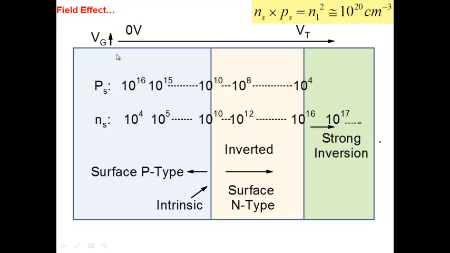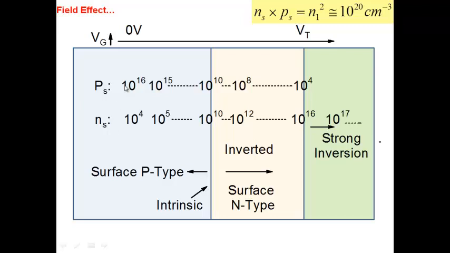You keep on applying higher and higher gate voltage. What is happening? The surface is getting more and more depleted of holes. Eventually, you come to a stage where number of holes at the surface is 10 to the power 10, and number of electrons is also 10 to the power 10. What has the surface become? Intrinsic. Number of electrons is equal to number of holes.